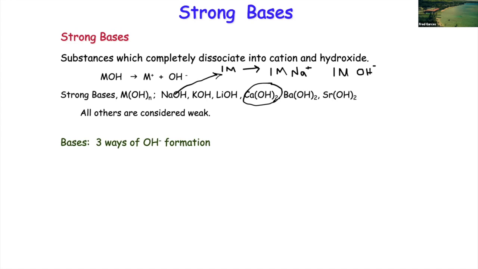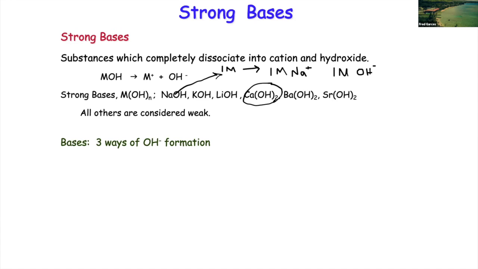In fact, in my 201 course, there are a couple of chapters devoted to just acid-base chemistry, and I just gave a problem where we're doing a titration, and the chemical you're adding is calcium hydroxide.